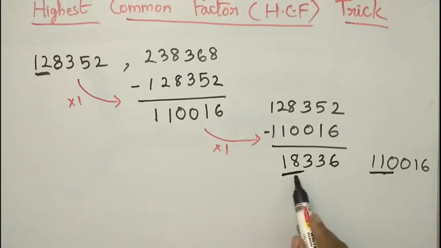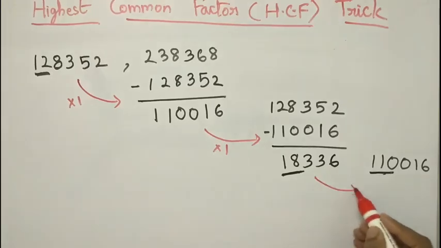So in the 18 table if I multiply with 6 I will get 108, if I multiply with 7 definitely I will get a value greater than 110, because 7 8s are 56, 7 1s plus 5 is nothing but 126, is it not? So it is greater than this value. So simply I will multiply with 6, is it not?